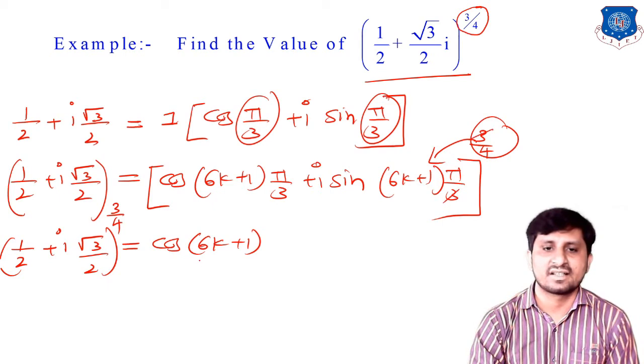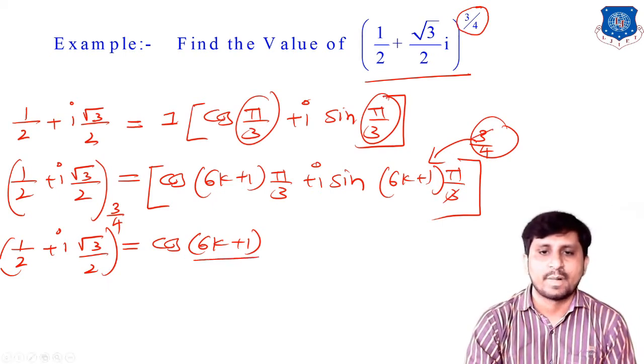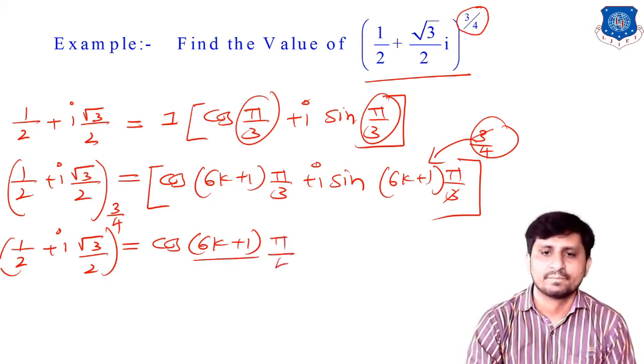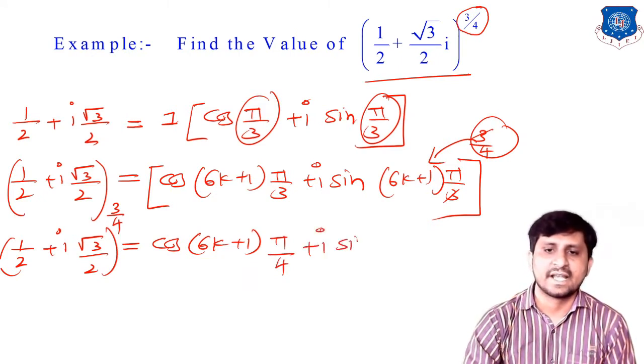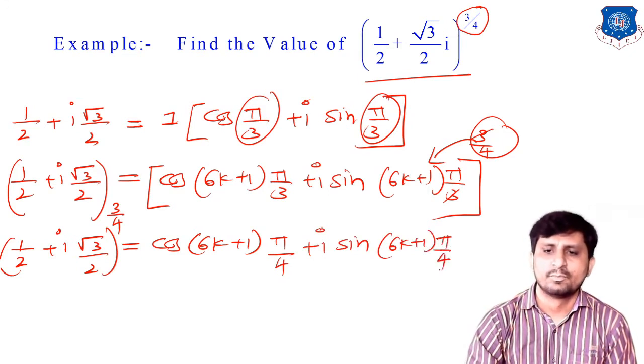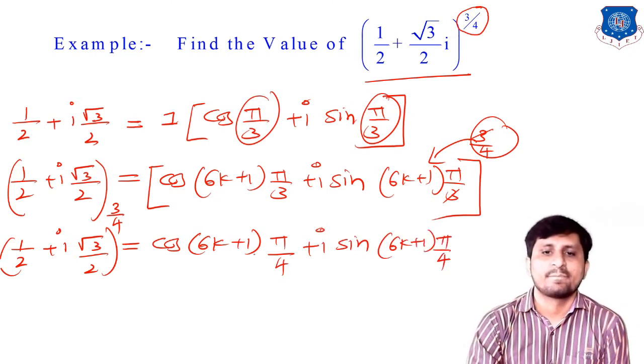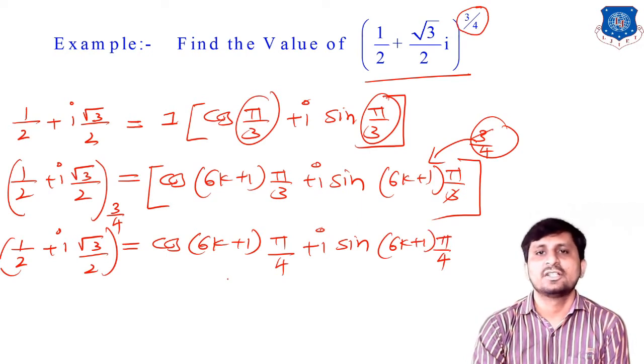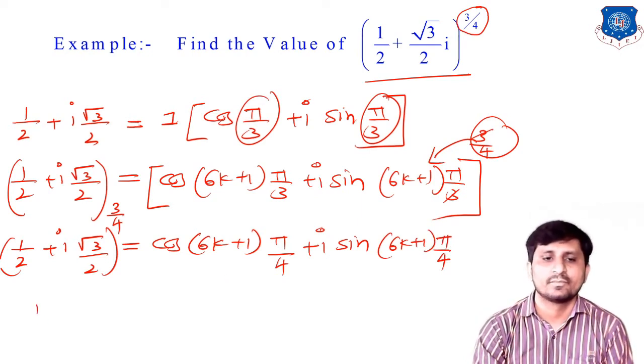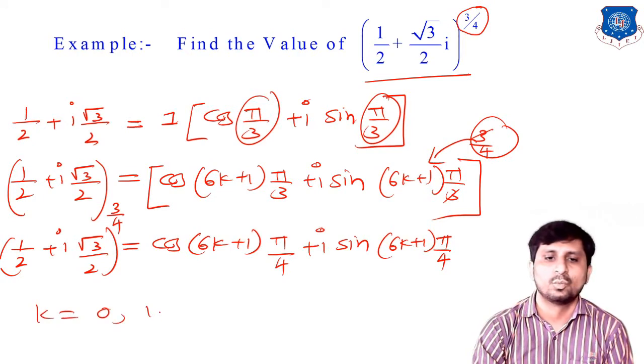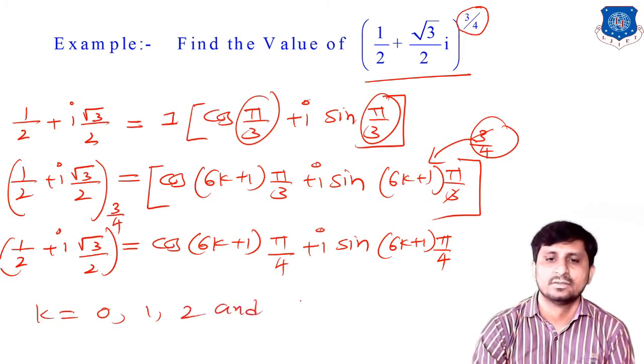So I just write cos (6k + 1)pi by 4 + i sin (6k + 1)pi by 4. Clear? And now we have to take k equal to 0, 1, 2 and 3.